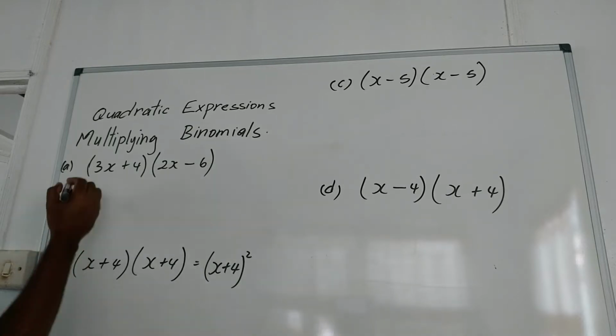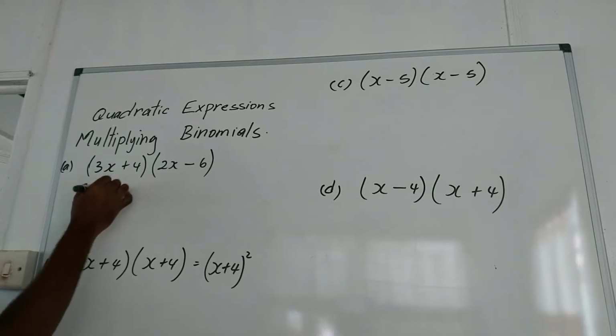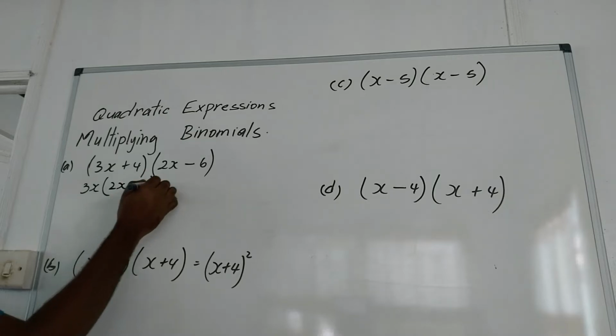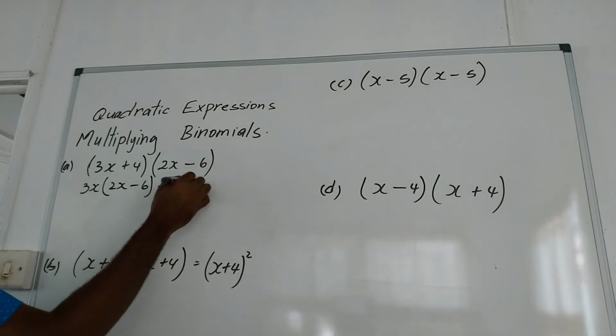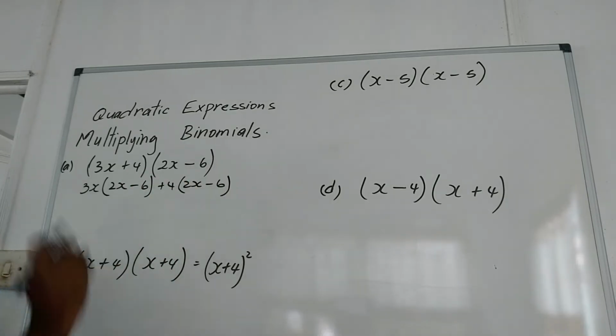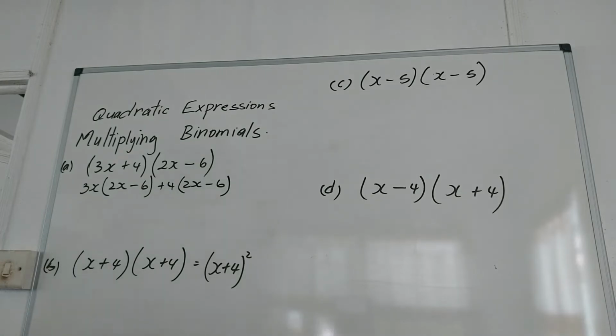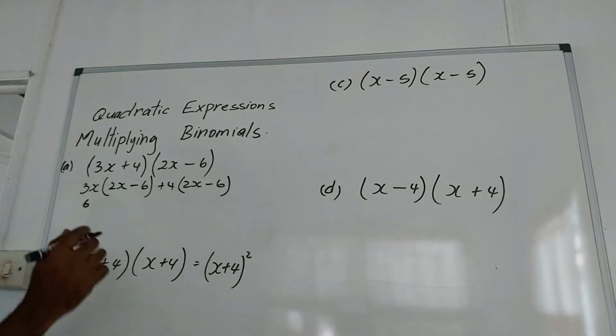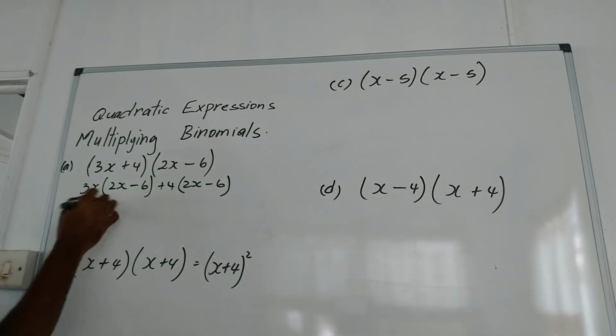So in this case, we will multiply 3x times 2x minus 6 plus 4 times 2x minus 6. Same steps. So now we multiply 3x times 2x. We know that 3 times 2 will give us 6, and x times x will give us x squared.